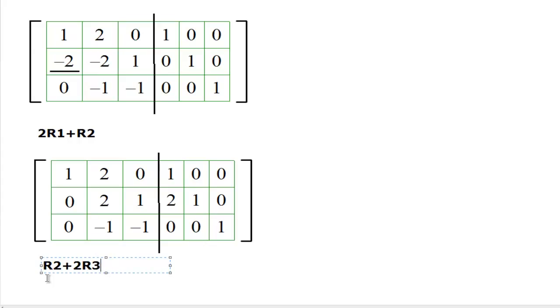Addition is commutative, so it would not really matter. All right, so let's proceed with that.